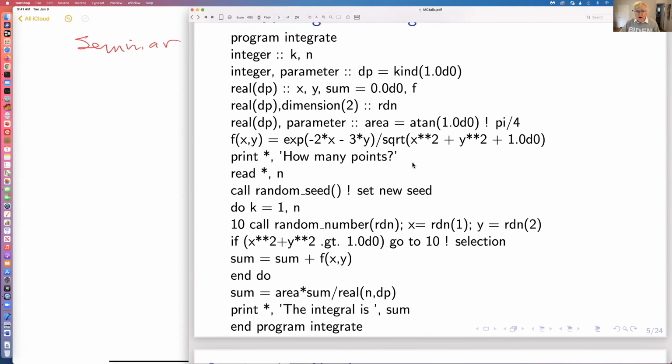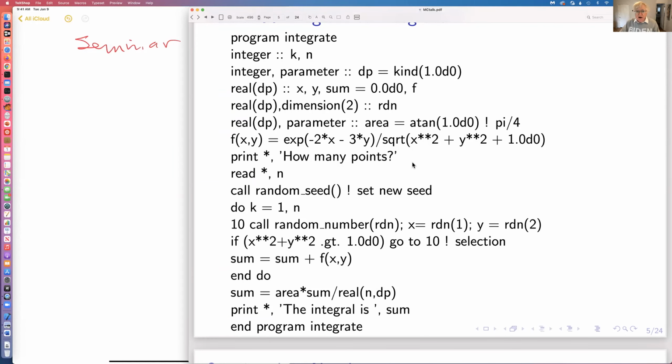Others will think Fortran is something you don't want to learn because it's 50 years old. In any event, you can read this if you want. I've distributed the slides along with the announcement, the reminder of my talk.